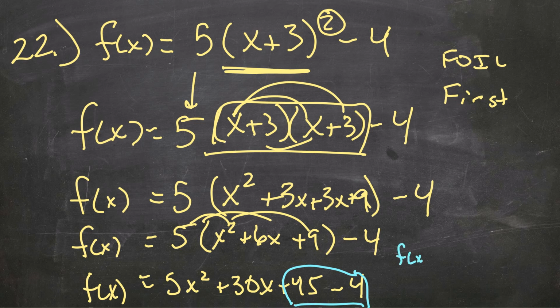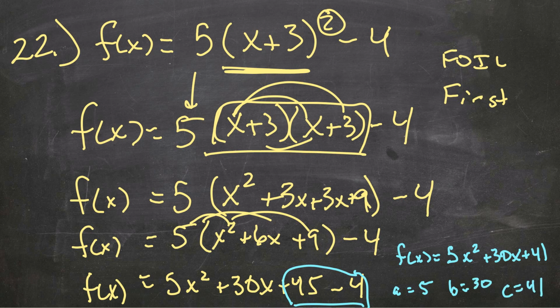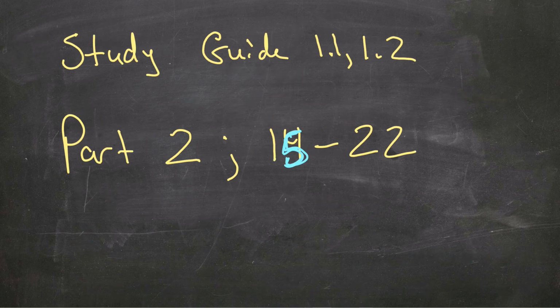So your final answer is f of x equals 5x squared plus 30x plus 41. So A is 5, B is 30, and C is 41. And that finishes this. So we're done. That's 22. That's it. All right. And it was actually 15 and 22.